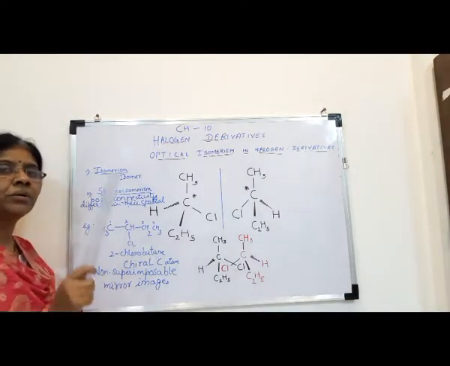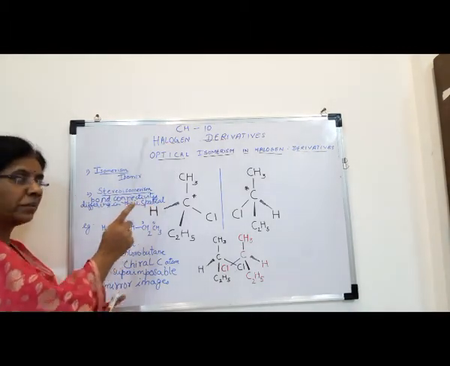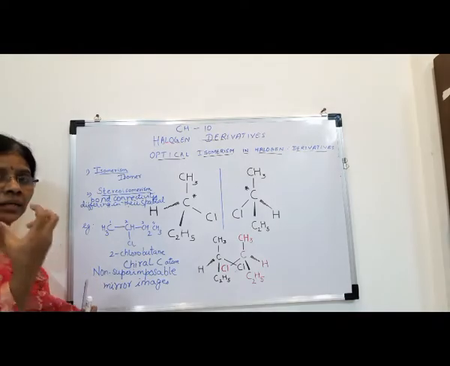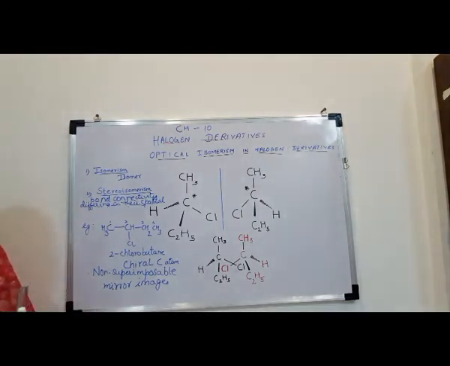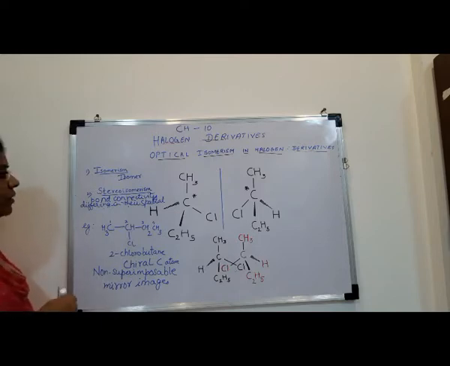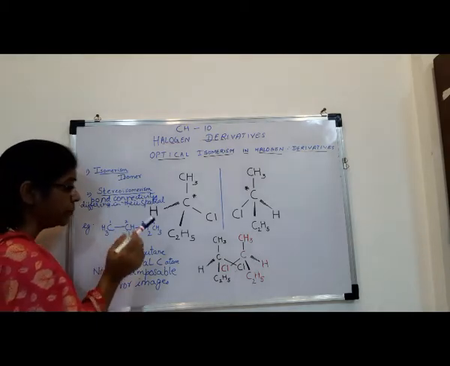So in order to understand optical isomerism, we must first grasp the important terms that we have to use when we are studying optical isomerism and then optical activity. To begin with, I will give you an example.